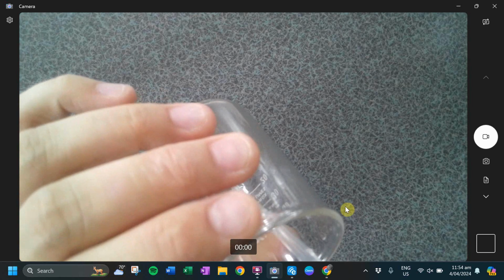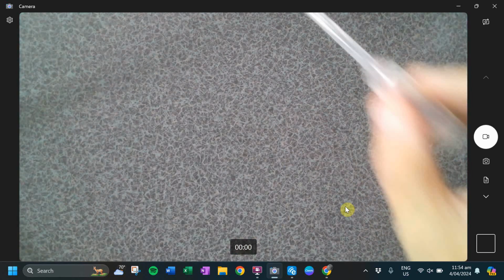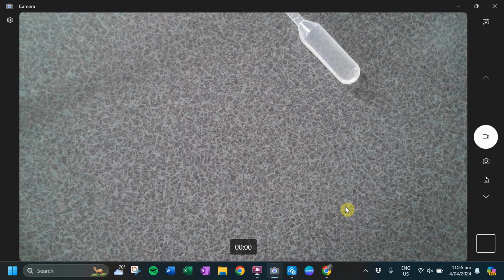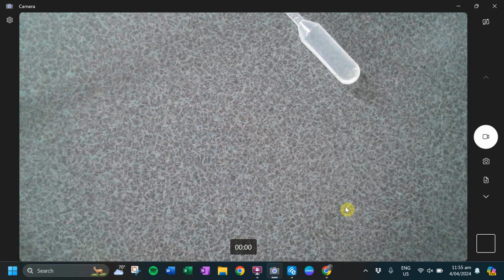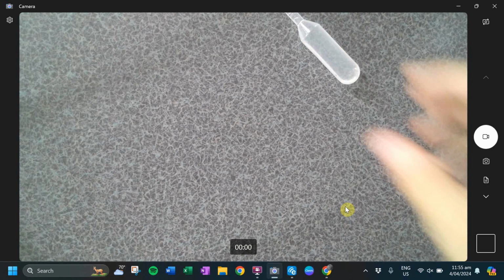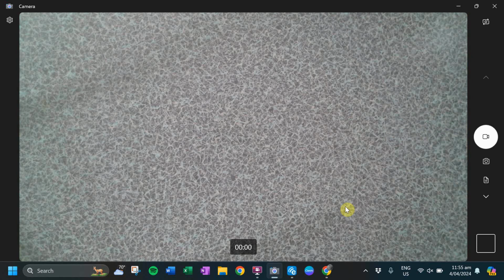Why are you not precipitating? I need to grab a different sulfate. Oh, it's not precipitating this one either. I think there's a hole in this too. All right, let me just grab a sulfate from the prep room so that we can see what it looks like.